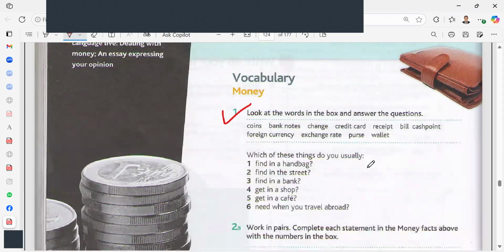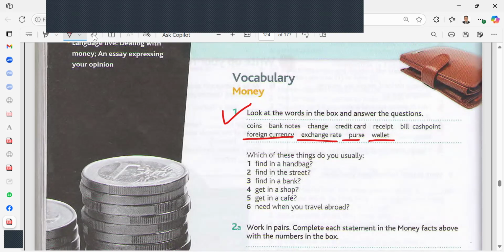Coins, banknotes, change, credit card, receipt, the P is silent, receipts, bill, cash points, foreign currency, exchange rates, purse, wallet. What about the meaning?